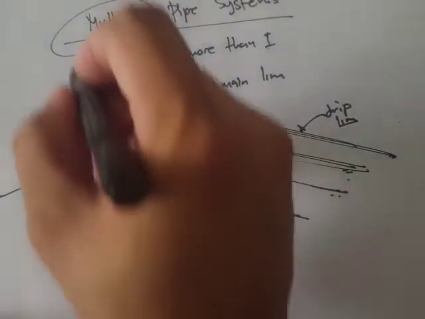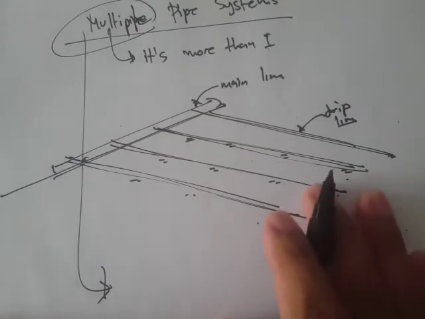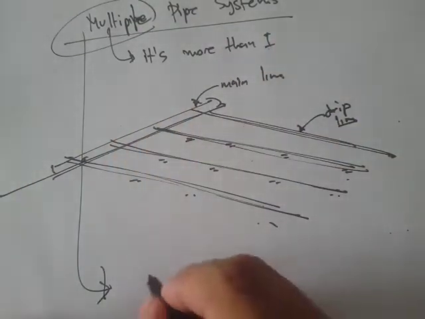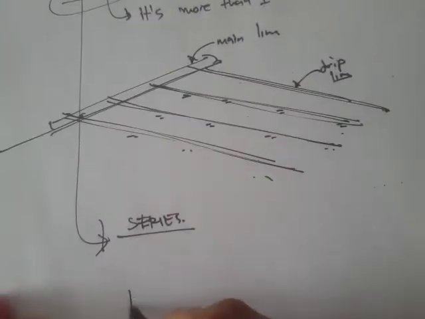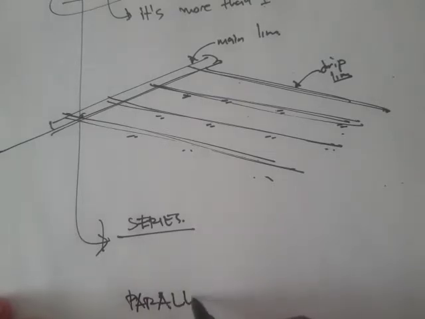Now, let's discuss. We have two basic combinations of multiple pipe systems. One is called the series, and the other one is called the parallel connection.